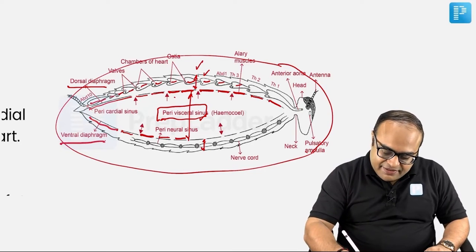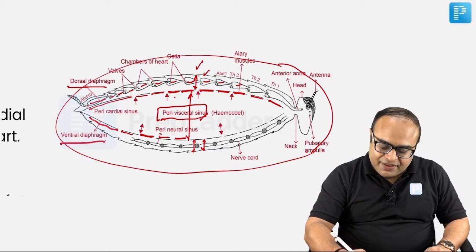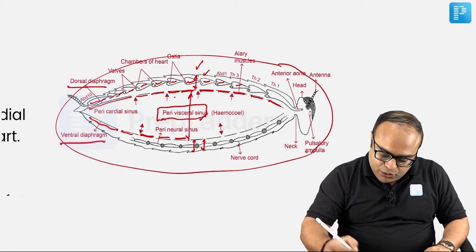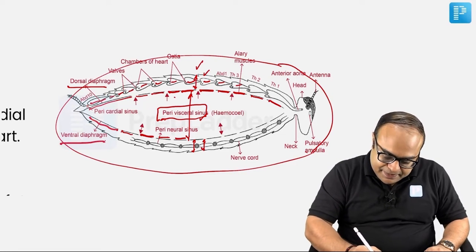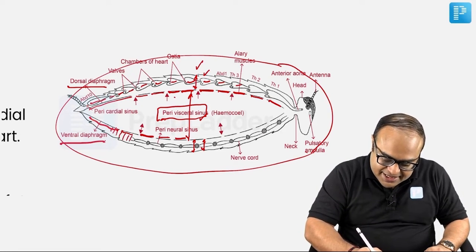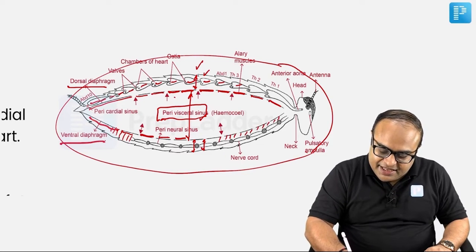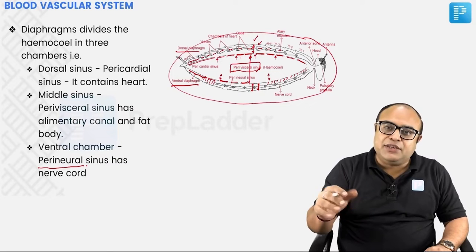And the third one, the ventral diaphragm, bifurcates the perivisceral sinus into the third sinus space, and this is known as perineural. Why is it known as perineural?